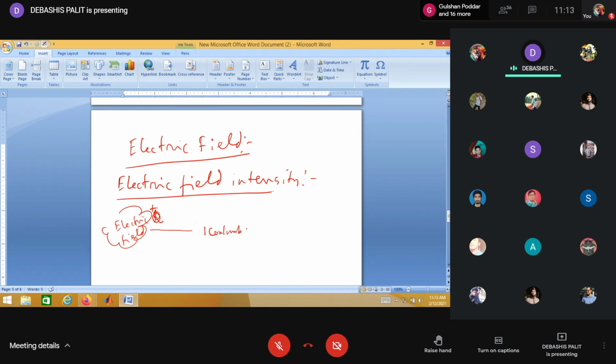So there may be some repulsion force, and that repulsion force will be dictated by Coulomb's law.